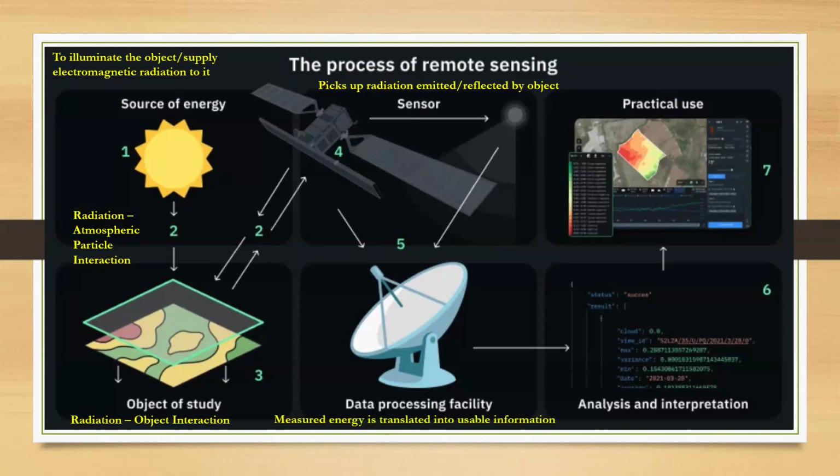Through some analysis, we measure the energy we can use, and then the other processes are analysis and interpretation using computers, which is where, in this age, AI comes into play.